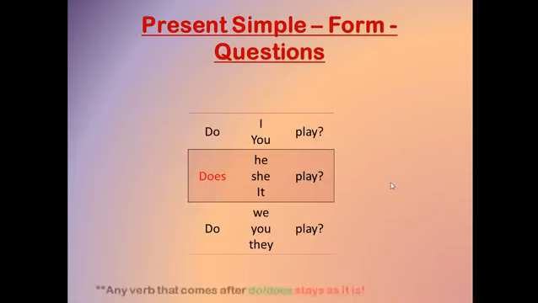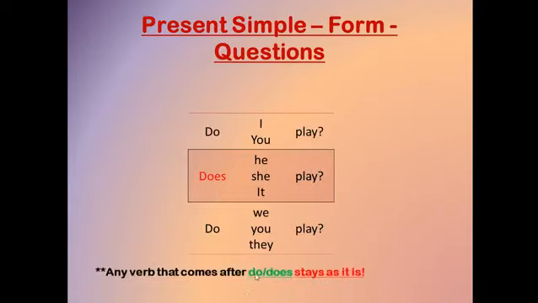Does it play? And we said that any verb that comes after do or does or doesn't and don't stays as it is, even with he, she, and it. Here, because I have do, my verb stays as it is. Because I have does here, my verb stays as it is, even though it's with he, she, and it.